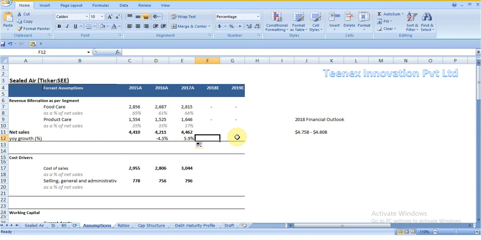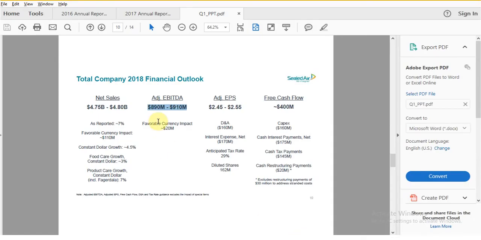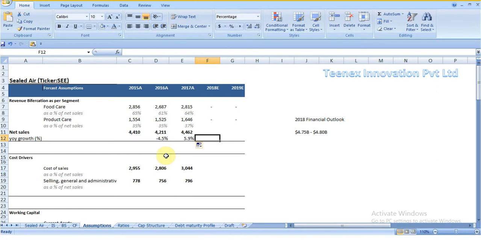If we check the company's filings, its PPT shows the 2018 financial outlook, in which it clearly shows that for 2018 the company expects net sales between 4.7 and 4.8 billion. Being on the conservative side, we can assume that the company is going to report at the lower end of this range.